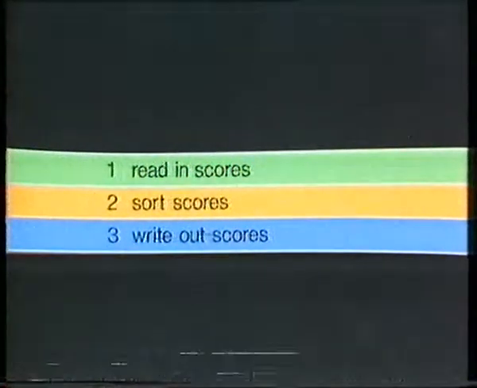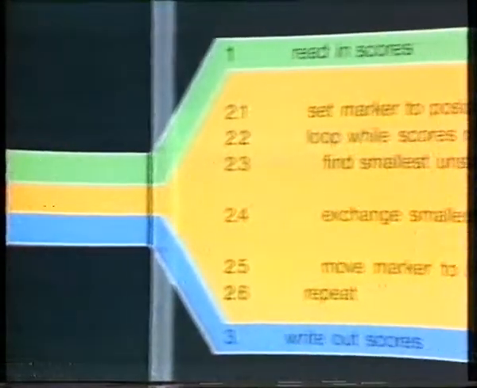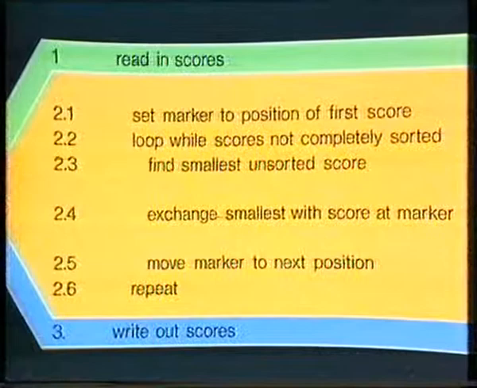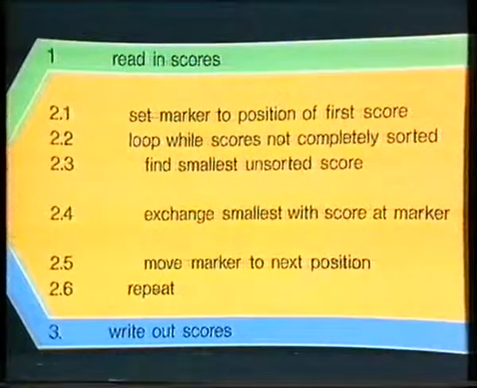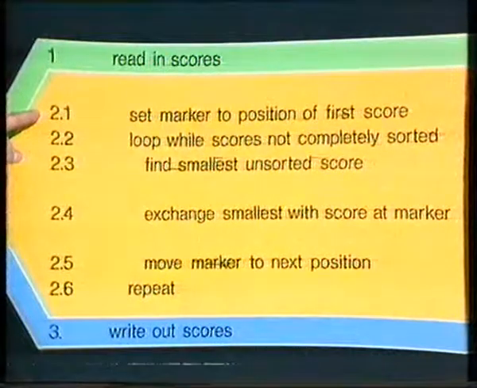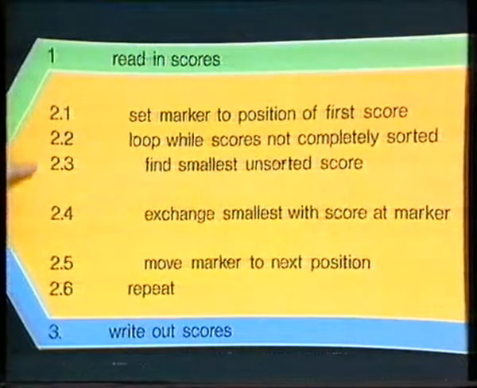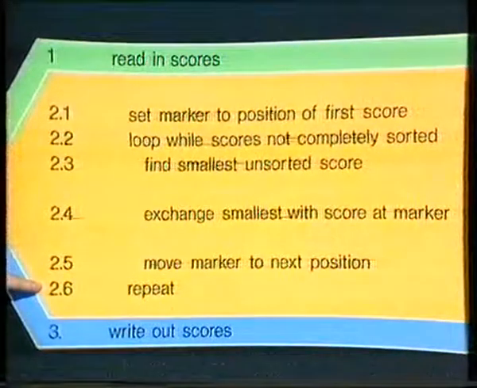This one middle step is expanded into 6 steps. And to indicate that it's a refinement, we've numbered the steps using this dot notation. So the single step 2 is turned into these 6 steps numbered 2.1 to 2.6.